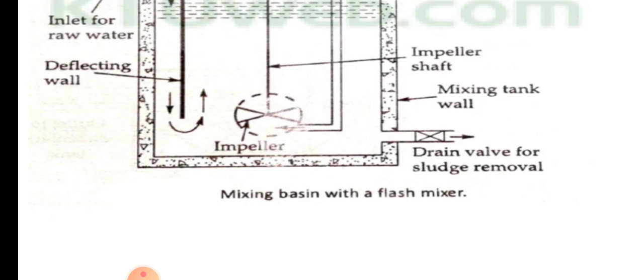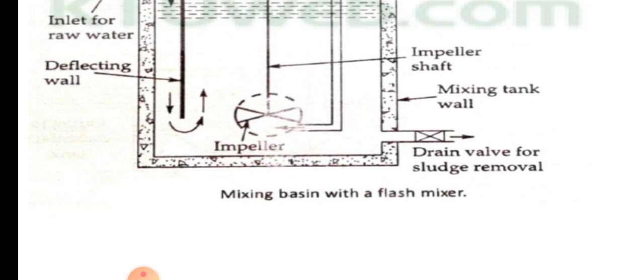The flash mixer is designed so that the displacement capacity of the impeller is greater than the maximum flow through the chamber, so that the alum solution, if alum is used as a coagulant, and the water will be folded together, and there will be a quick mix of this, and consequently the alum consumption is held to the necessary optimum for adequate treatment.